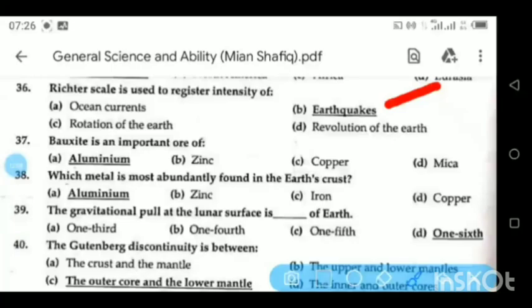Bauxite is an important ore of aluminium. Which metal is most abundantly found in the Earth's crust? Aluminium. The gravitational pull at the lunar surface is 1/6 of Earth. The Gutenberg discontinuity is between the outer core and the lower mantle.